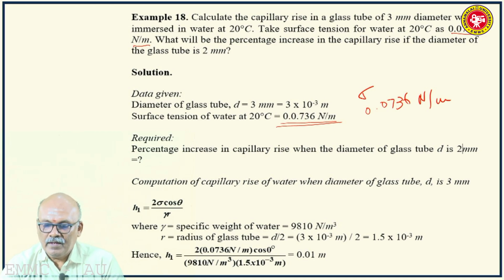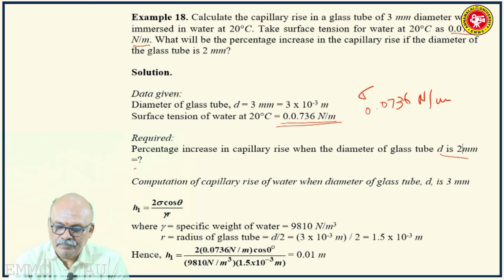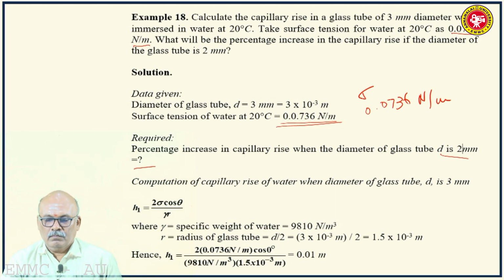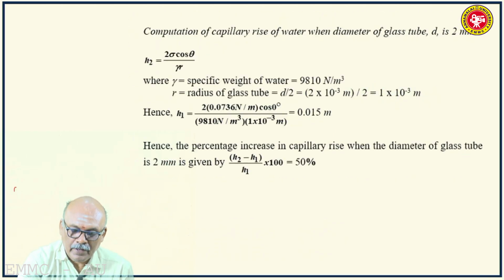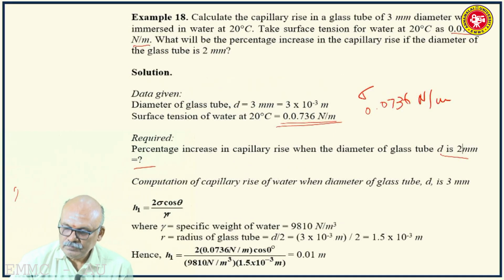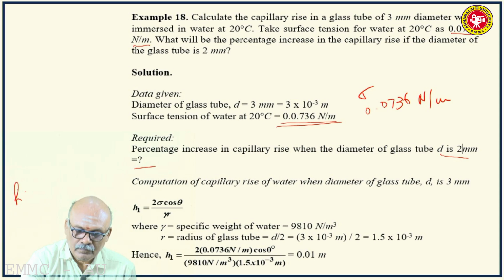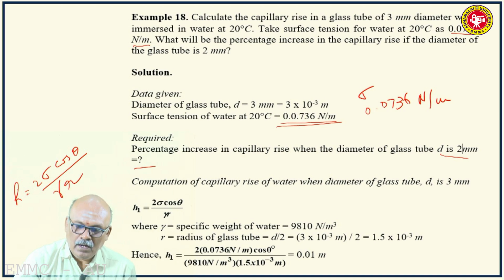You are asked to find out the percentage increase in capillary rise when the diameter of the glass tube is 2 millimeters. Now, the expression we derived is that the capillary rise is given by 2 sigma cos theta by gamma r. Sigma is the surface tension of water in contact with air in this case, and theta is the angle of contact.